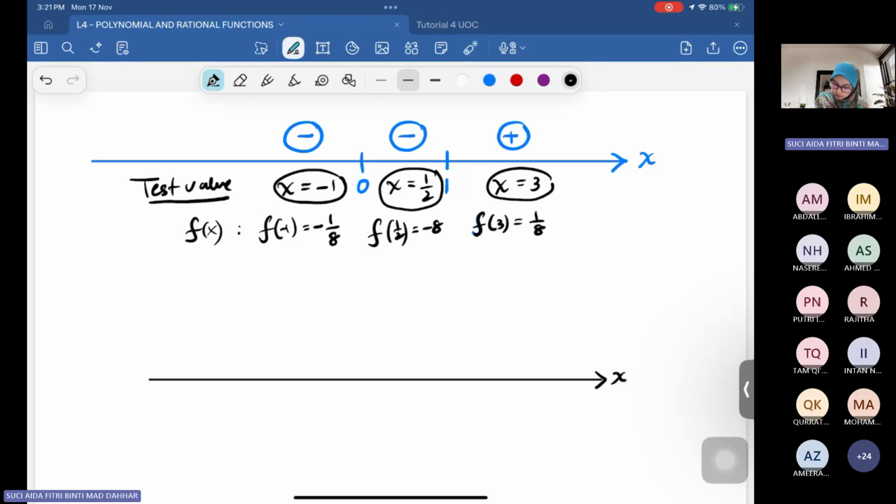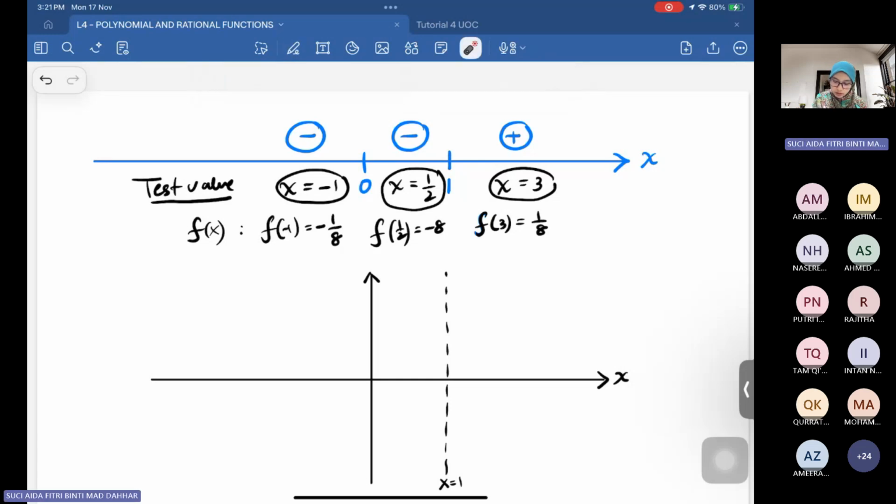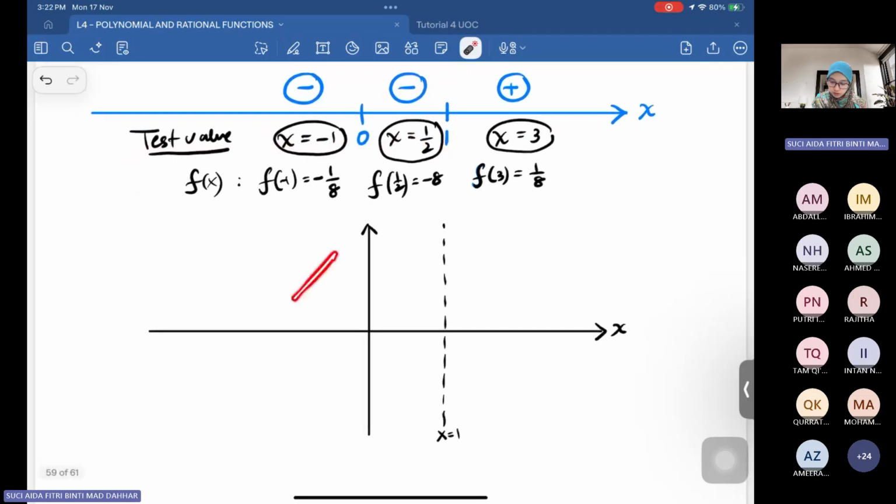That's the x-axis. That's the y-axis. The asymptote is at x equals to 1. Okay, now how do you draw the first one, from anything that's coming from the left towards 1, right? They are all negative. So you cannot draw anything up here. Must be something down here.